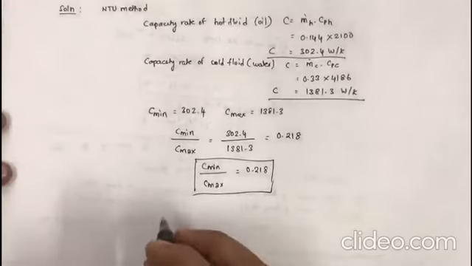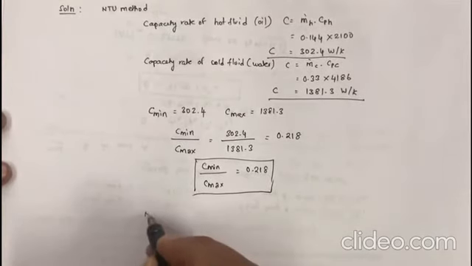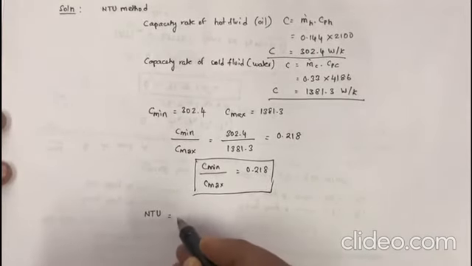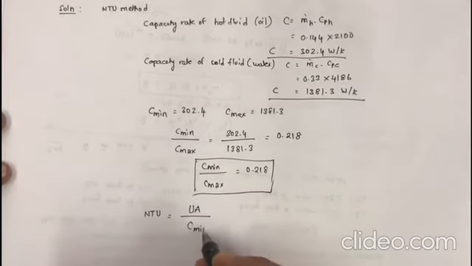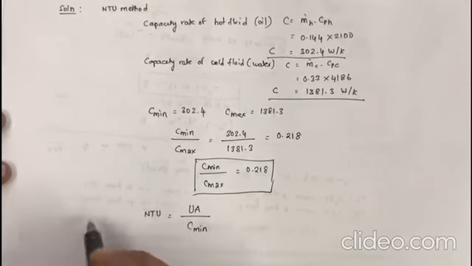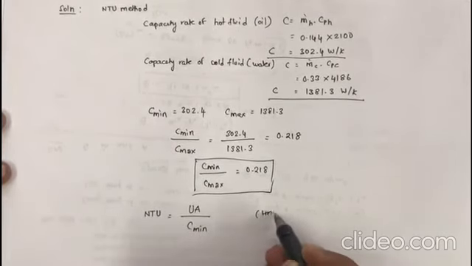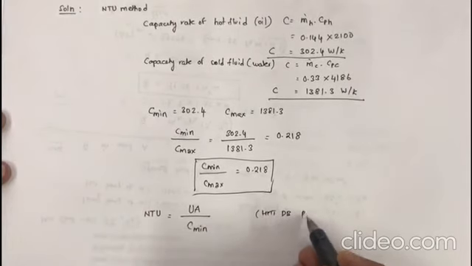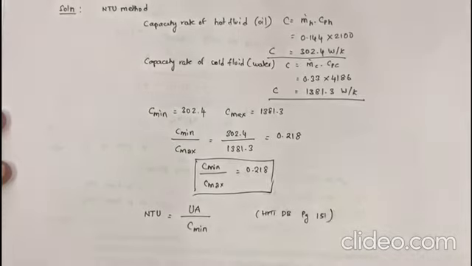So now we have the relation NTU is equal to UA by C min. So this relation is used to find out the NTU, the number of transfer units for this problem. This relation is available from your HMT data book, page number 151.